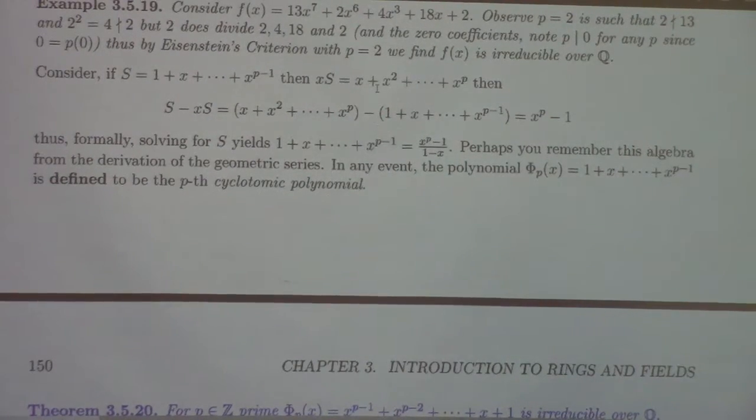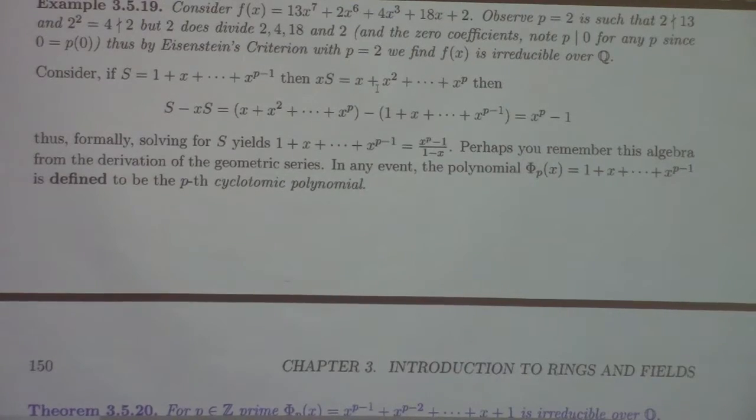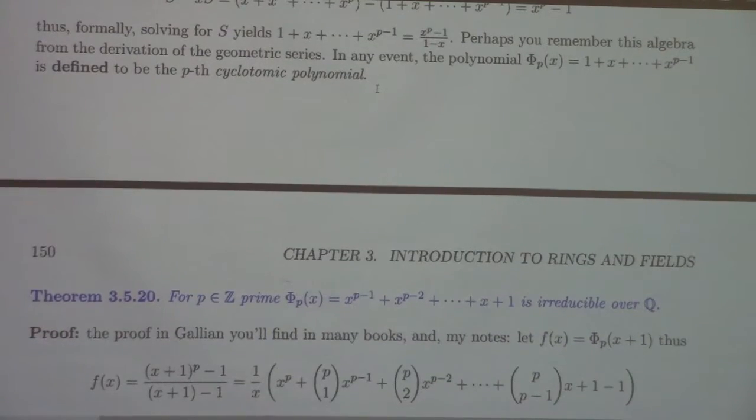So formally, we get that 1 plus x plus and so on plus x to the p minus 1 is equal to x to the p minus 1 divided by x minus 1. All right, so this actually is sort of a formal heuristic for what's called the pth cyclotomic polynomial. It's not hard to prove with Eisenstein's criterion that the pth cyclotomic polynomial is irreducible over Q.